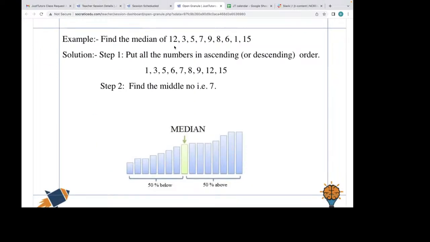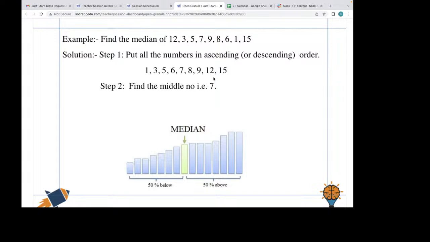Find the median of 12, 3, 5, 7, 9, 8, 6, 1 and 15. So these numbers are given here. So पहले हमें क्या करना पड़ेगा, हमें इसका मीडियन निकालना है. तो what is going to be our first step? Put all the numbers in ascending or descending order. Either put these numbers in ascending order or in descending order, that is up to you, which choice is better according to you.